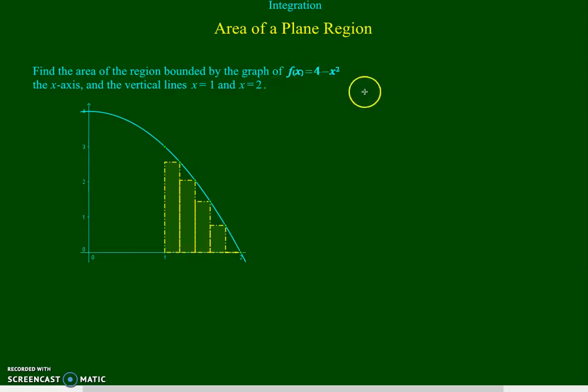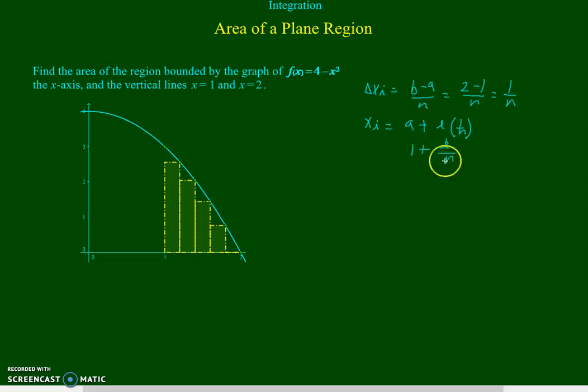Our delta x sub i is going to be (b minus a) over n, which is (2 minus 1) over n, which is 1 over n. Then our x sub i is going to be a plus our i value times our delta x, 1 over n, which is 1 plus i over n.